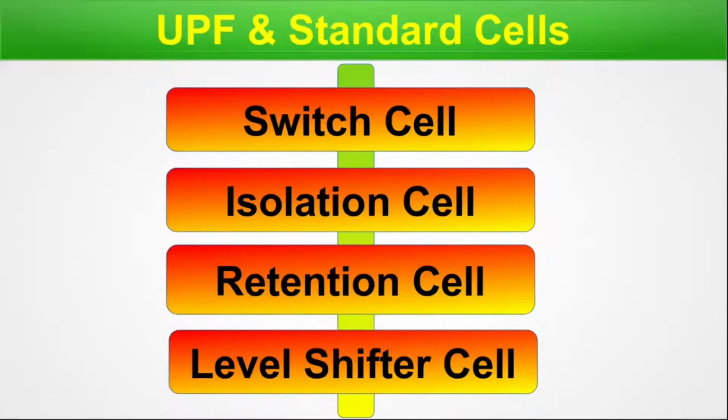And in UPF, we have the exact same commands to apply these kinds of cells in the actual design. In upcoming slides, we will discuss all of these cells as well as the corresponding UPF command.